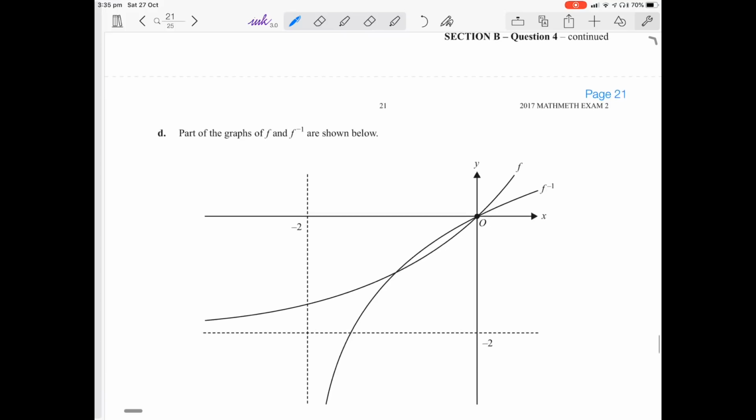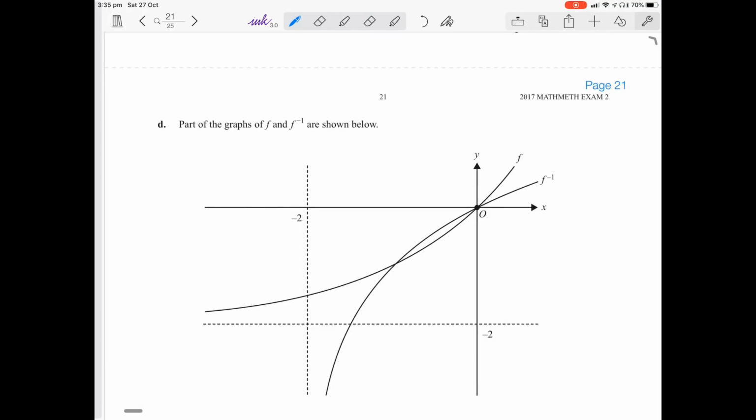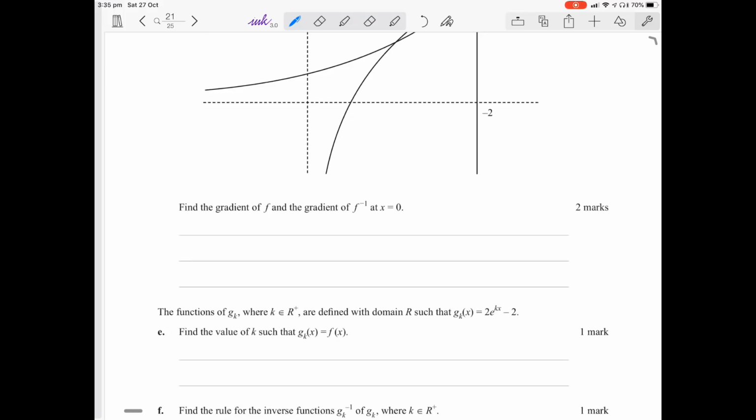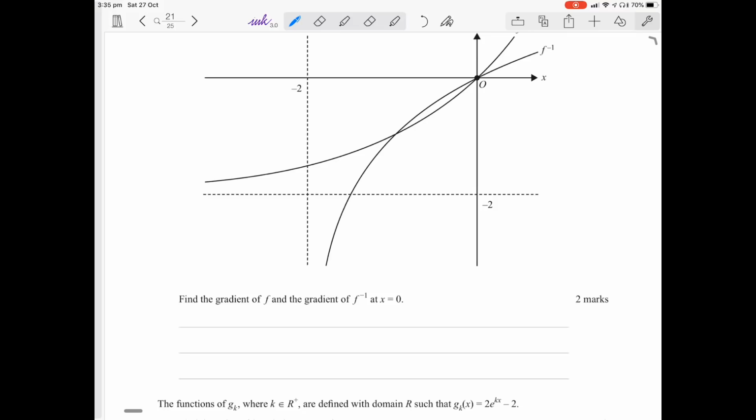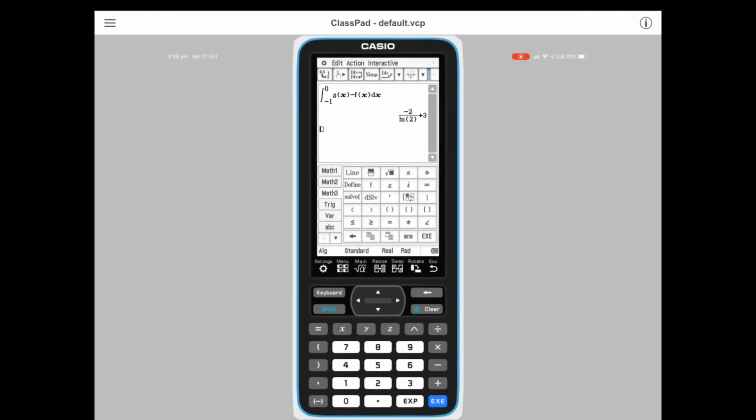Okay. Part of the graphs of f and f inverse are shown below. Find the gradient of f and the gradient of f inverse at x equals 0. So f dash of 0 is equal to d dx of f of x given x equals 0, which is log e2.